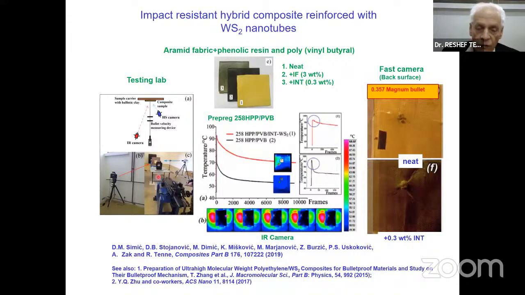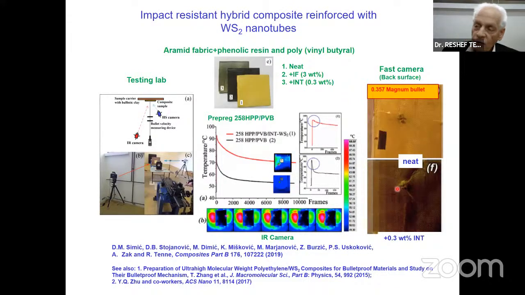And so you see a sheet of polymer, and when you use these nanotubes in a very, very small concentration, the bullet does not penetrate. You see here they shoot a bullet into the sheet, and when you don't have the nanotubes, the bullet penetrates. This is the back of the sheet, and when you have the nanotubes, the bullets do not penetrate.